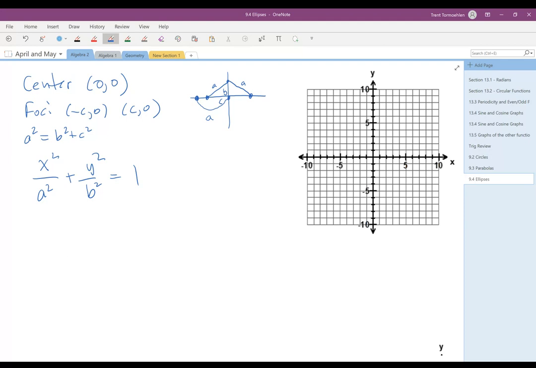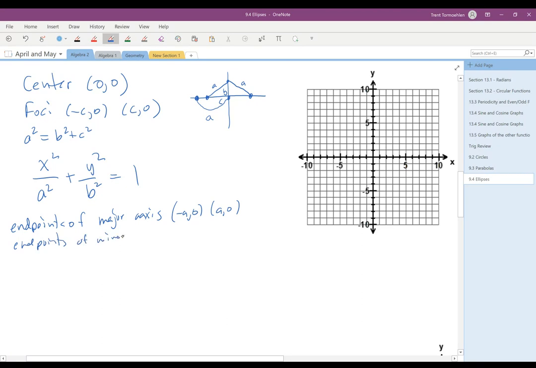In this case, the endpoints of the major axis are negative a comma 0 and a comma 0. And then the endpoints of the minor axis are 0 comma b and 0 comma negative b. And these 4 points are the 4 points that we're going to use to actually draw our ellipse.